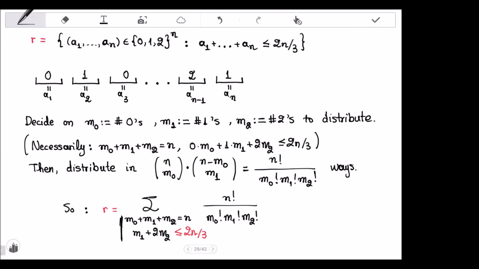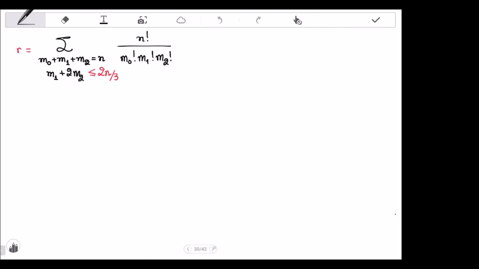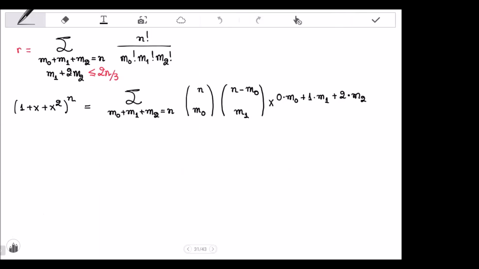And the reason I've made red this bound of 2n over 3 is that if this restriction wasn't there, I just had this first equality, this would appear in the multinomial theorem. And that is why we write that out. That's R with the restriction.